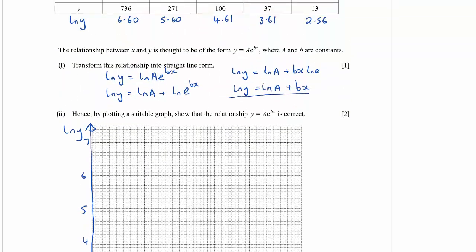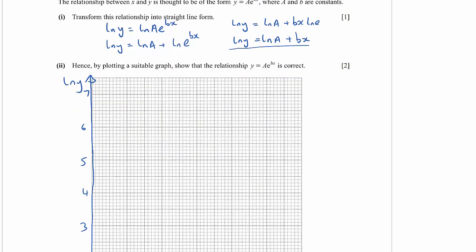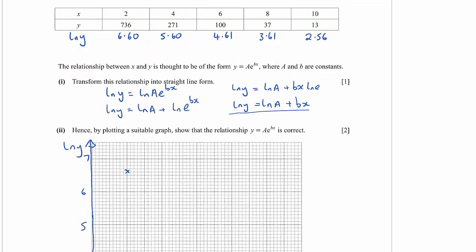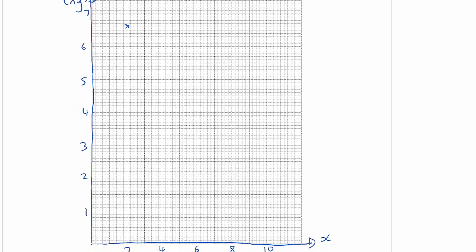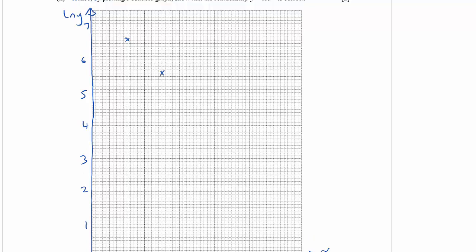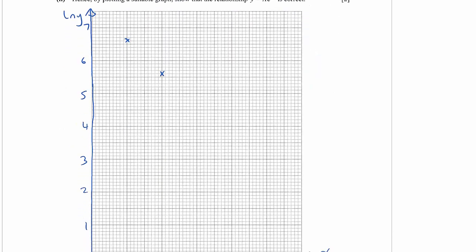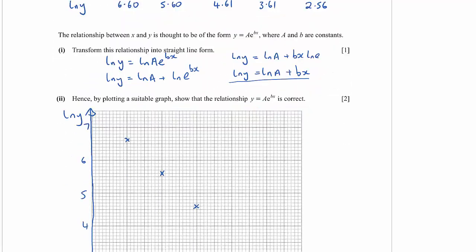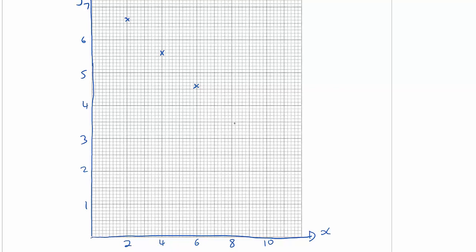Okay, so our first point is 2, 6.6. And then we have 4 and 5.6. And then it was 6 and 4.6. And then 8 and 3.61.